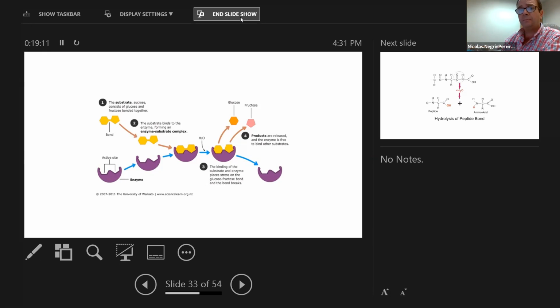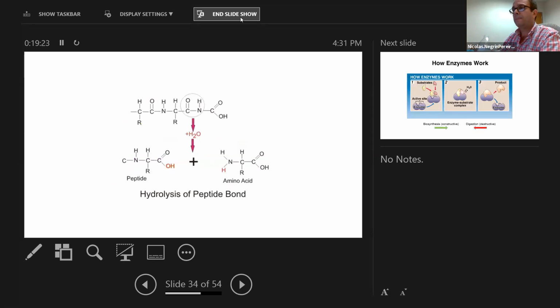That's another important concept: normally enzymes are not wasted in the reaction, so they can be utilized many times in more enzymatic processes. That's another diagram showing the hydrolysis, in this case of peptide bonds, not in sugars.